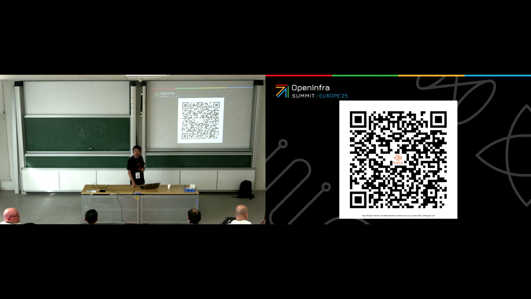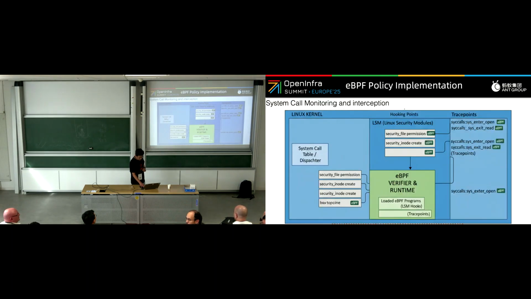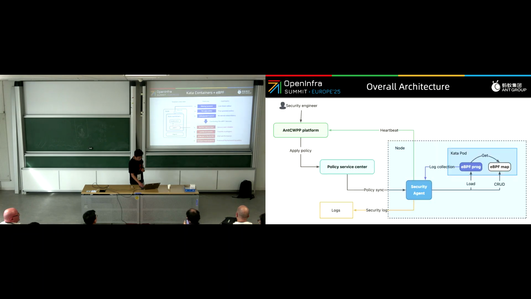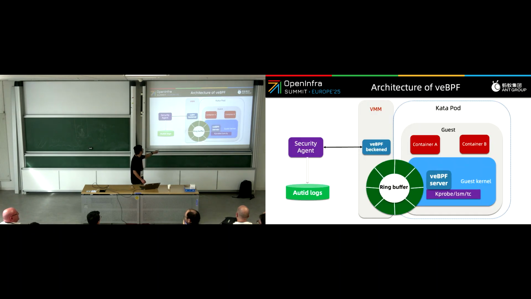For sharing the ring buffer between the host and the guest kernel, do you also need modifications on the guest kernel, or is this something that upstream Linux supports? Here we have an eBPF server. Once we load the eBPF program from the eBPF backend, we use vsock to communicate with the eBPF server and tell it where to load the eBPF.